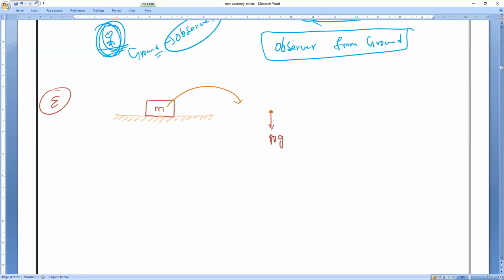mg. mg is called what? Newton's second law. Am I right or wrong? Weight, or we can say force, both have the same formula. What is the unit of force and weight?